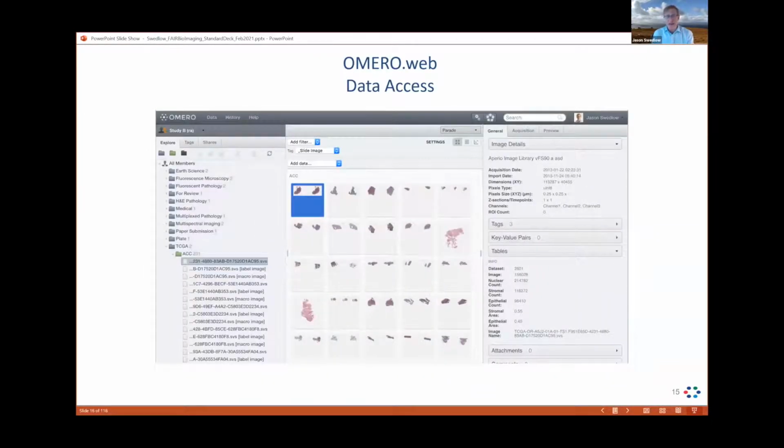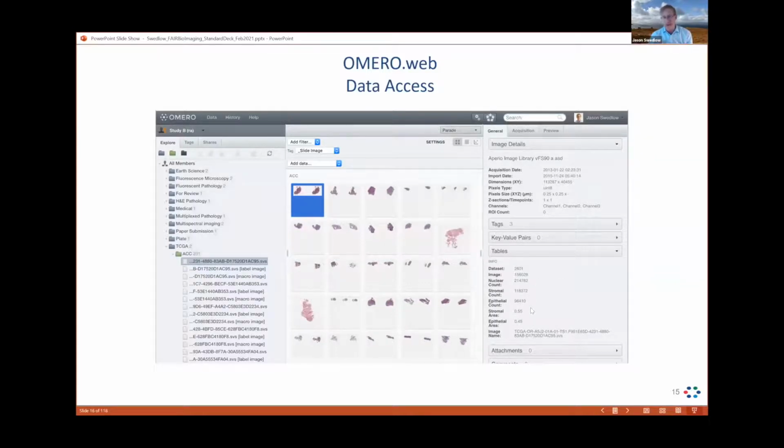But because we have bioformats, exactly the same system can look at, for example, whole slide imaging data. This is from the TCGA data set from the NIH in the United States. And so these are very large images. You can see, I hope you can see on the slide, the pixel sizes here, roughly 100,000 by 40,000. So we can handle that kind of data. But note that the metadata here is very different.